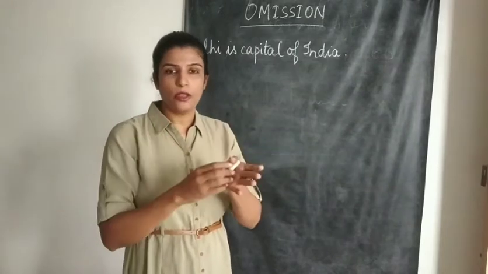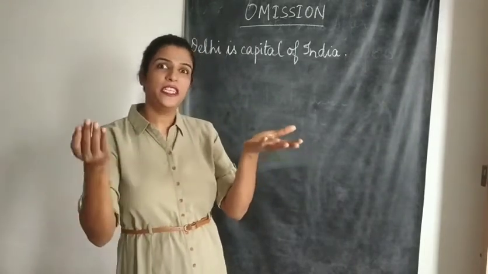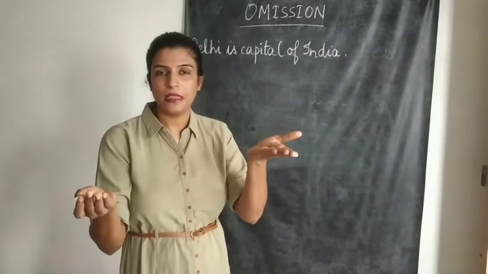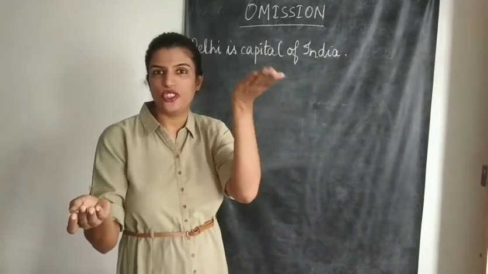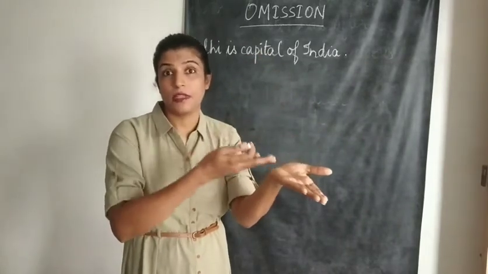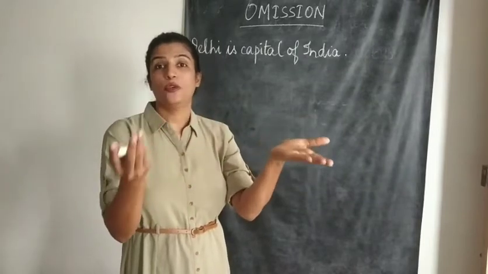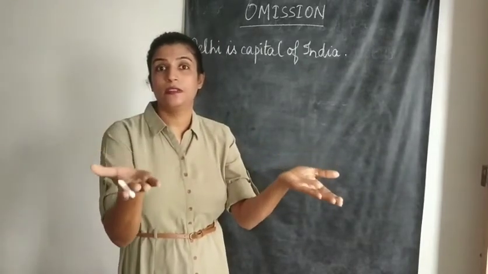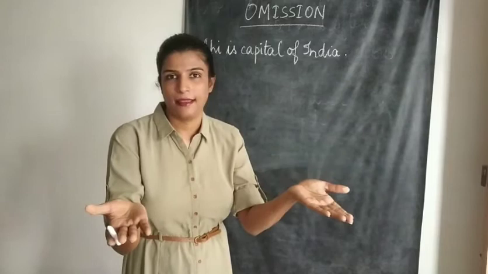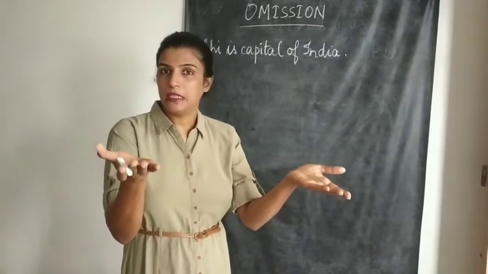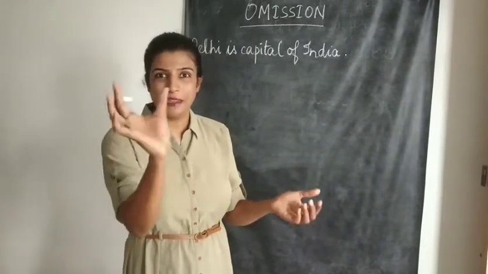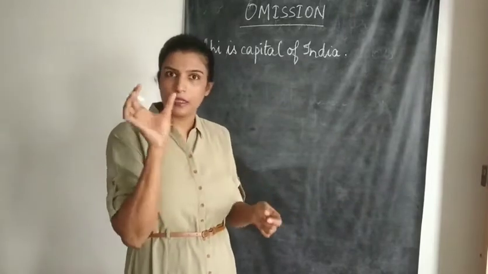Now these two concepts of editing and omission are different. Keep one thing in mind: edit means to change something which was wrong, and omission means to add a word which is missing.